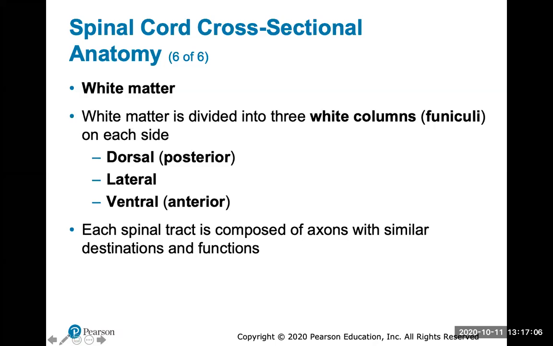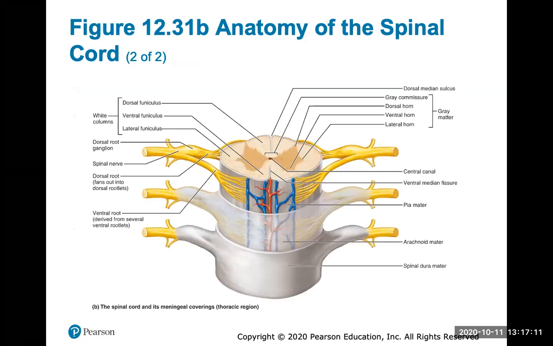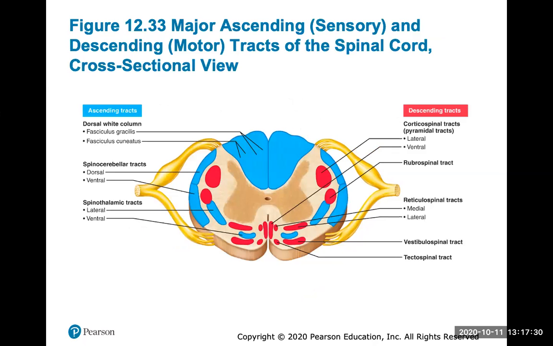And each spinal tract is composed of axons with similar destinations and functions. So here you can see the dorsal funiculus, ventral funiculus, and lateral funiculus. And these are just areas in white matter that will be passageways for neurons to either ascend or descend to and from the brain. We specifically have all these tracts, which we call labeled, and a tract is just a passageway for these neurons to run.